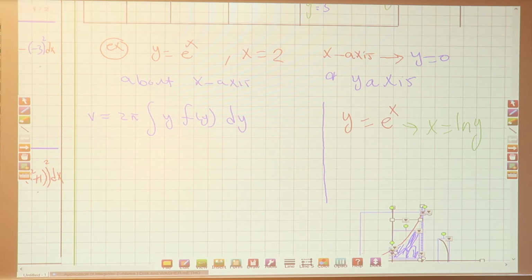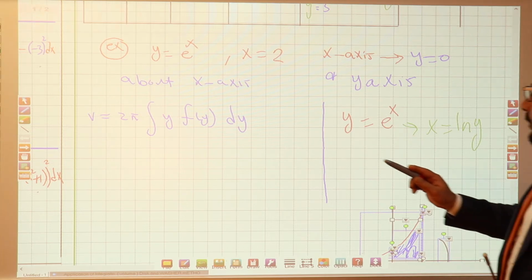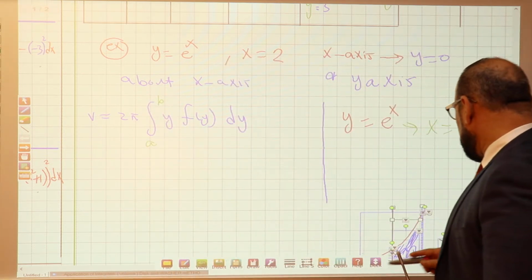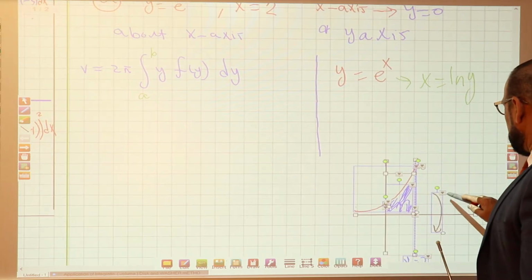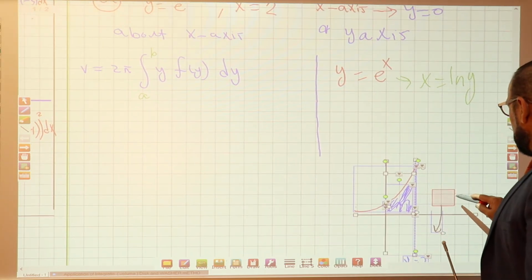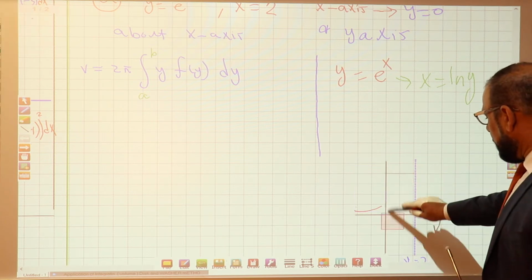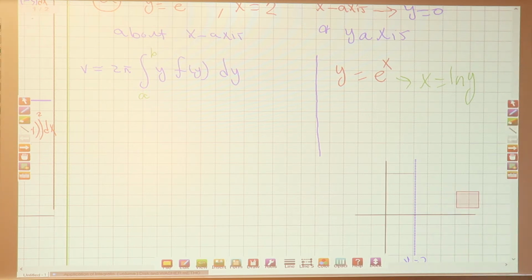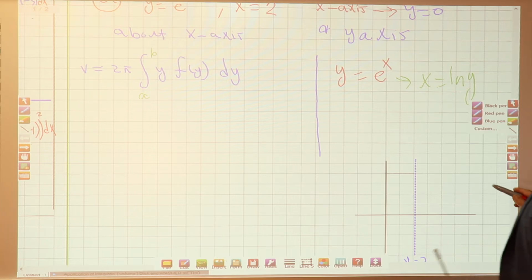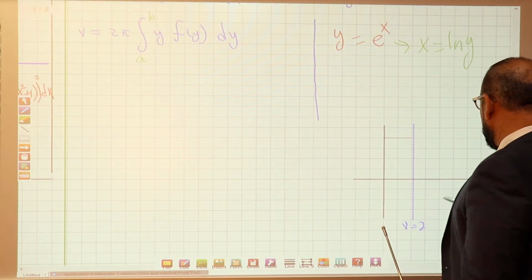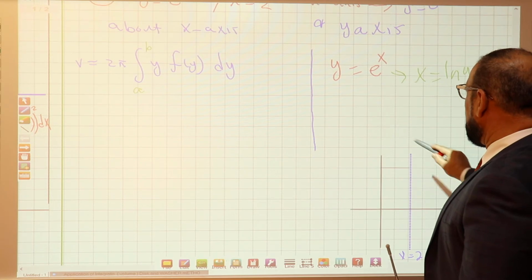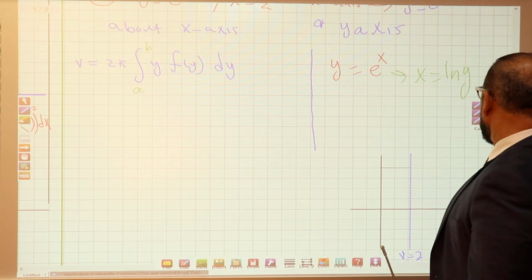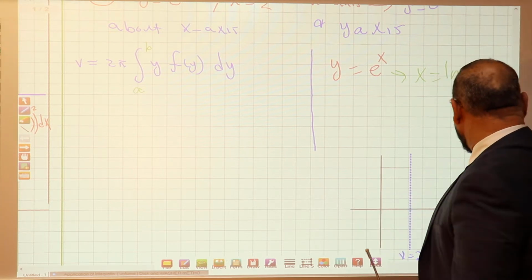Now we need to find the limits of integration, a and b.